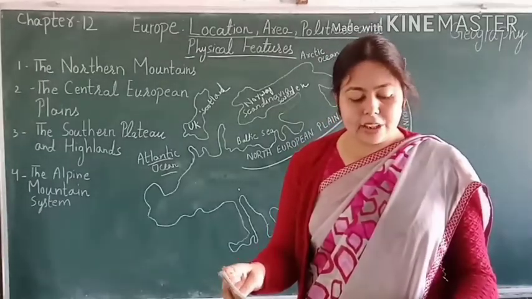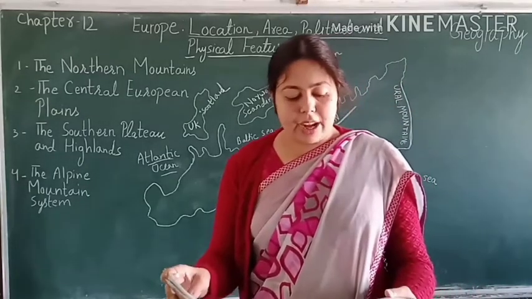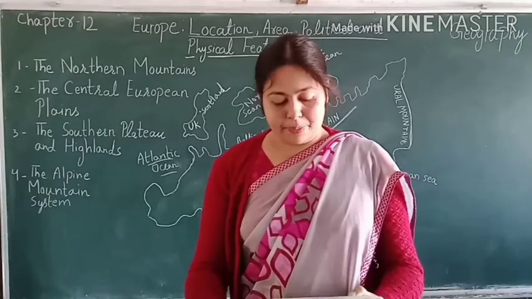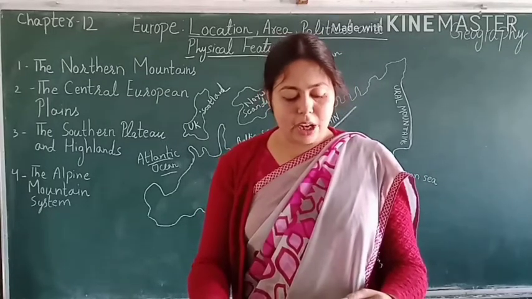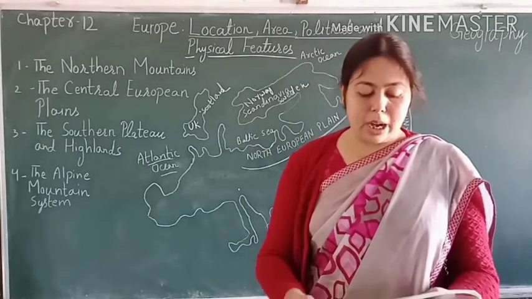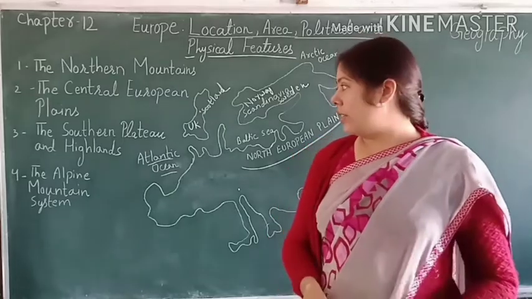Other highlands include the Jura and Ardennes mountains of France, the Black Forest and Harz mountains of Germany, and the Ural mountains in the east. All these uplands do not rise more than 1,800 meters above sea level. Some slopes are covered with forest.